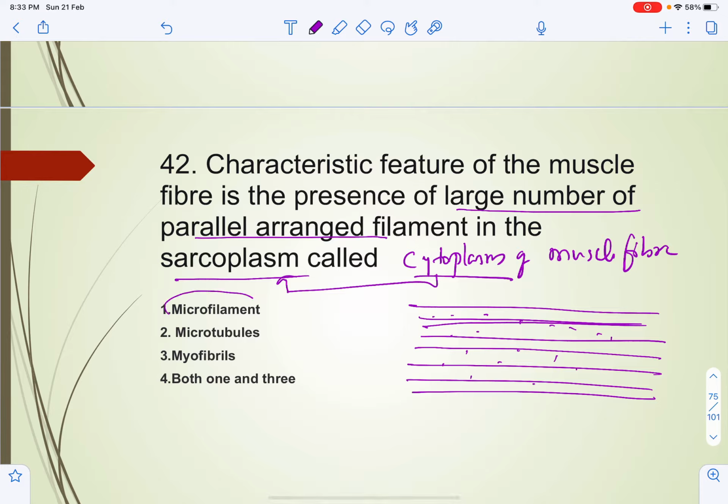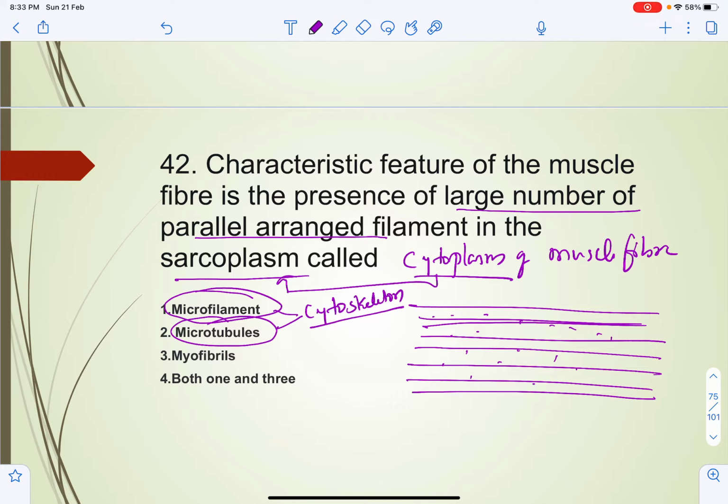Microfilaments and microtubules are cytoskeletal elements. They provide structure and shape to the cell, and also help in cell movement.